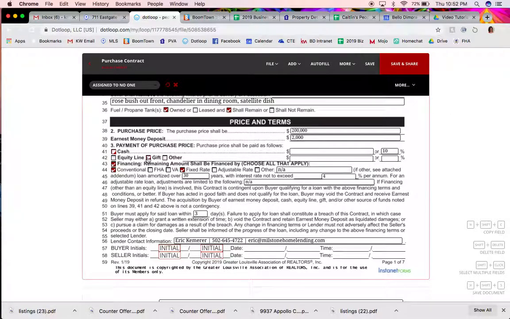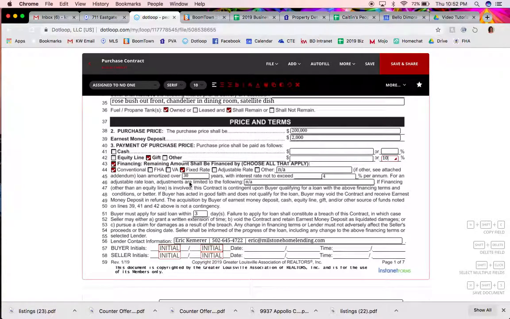So in this case, let's say it's a gift from grandma. And grandma is going to give us 10% down, okay? This contract states that if you are getting your money as a gift from somebody, this contract is not contingent upon that gift going through.